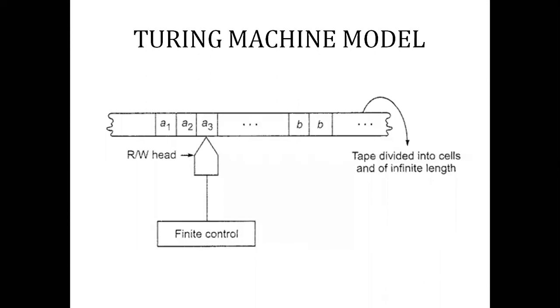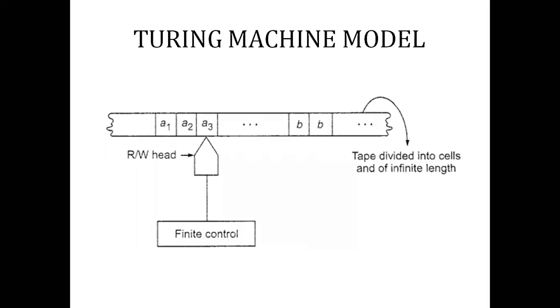Each cell is going to hold one particular symbol, and the finite control of the Turing machine has a tape head which is going to move one cell at a time, but now your tape is going to be a read-write tape. So as the machine is reading from the tape, the machine is also allowed to write on the tape. However, it is going to write only one cell at a time.